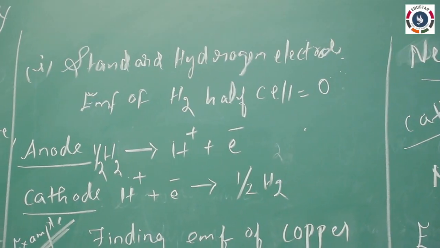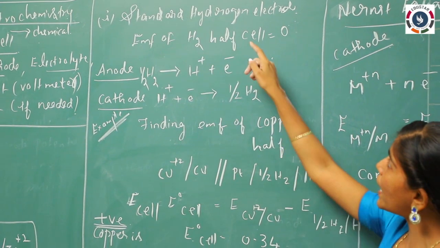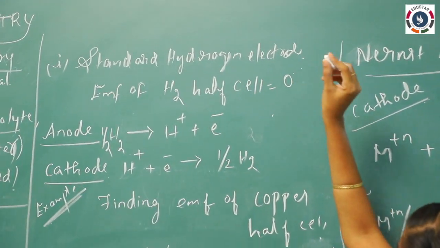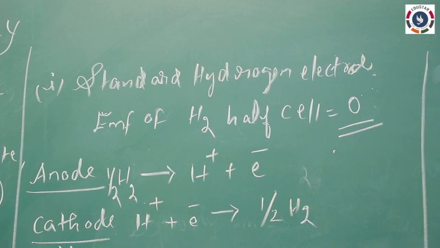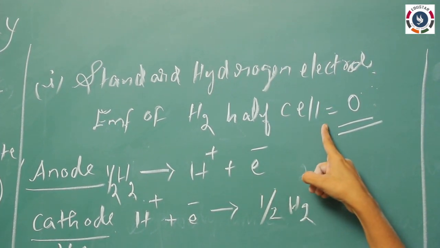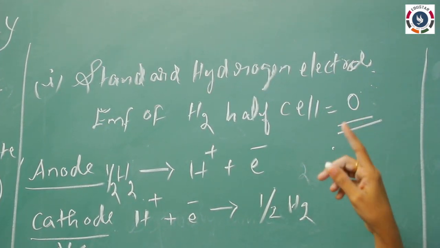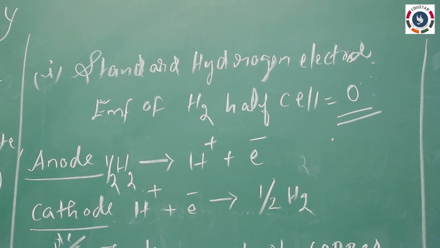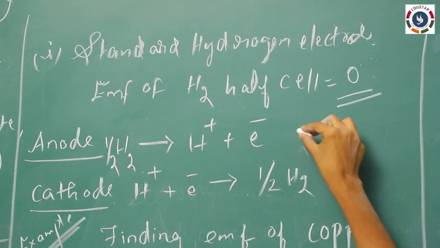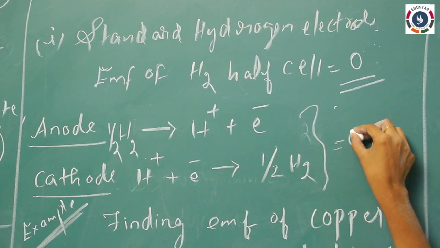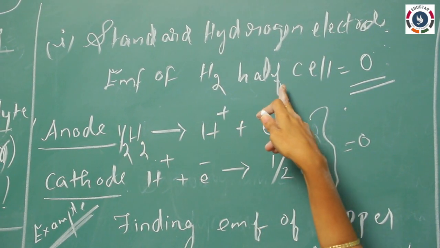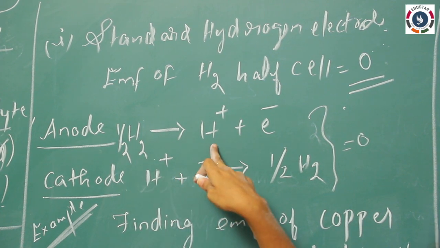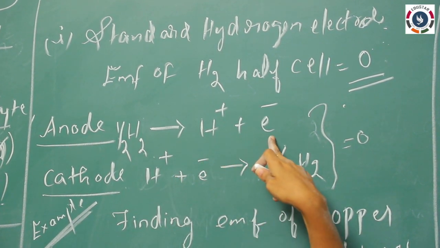For solving this problem we have the standard hydrogen electrode. This standard hydrogen electrode has an EMF value of 0. So the EMF of the hydrogen half cell is 0, whether it is kept as anode or cathode. I have written the anode reaction of the hydrogen half cell: half H2 giving hydrogen ions plus electron.